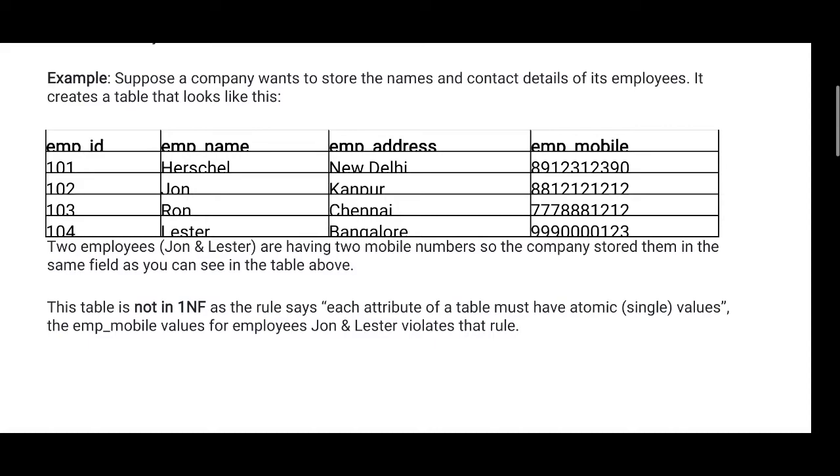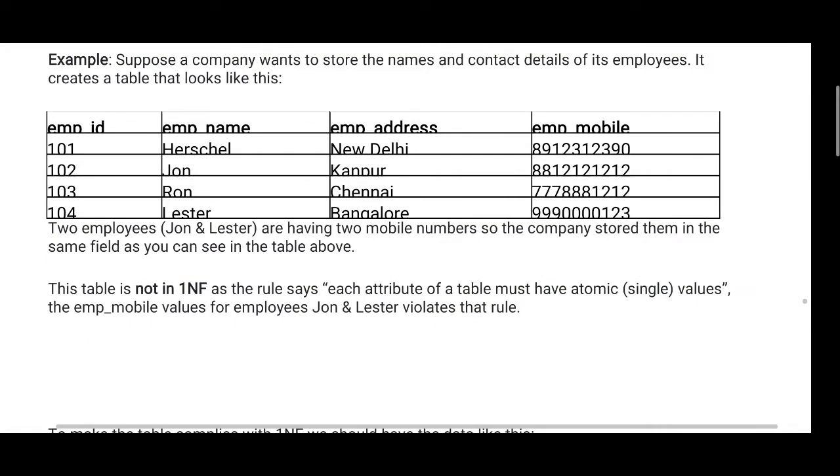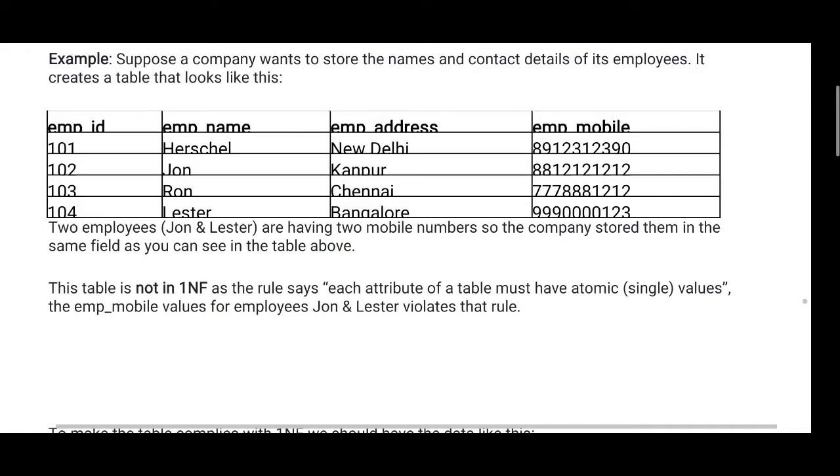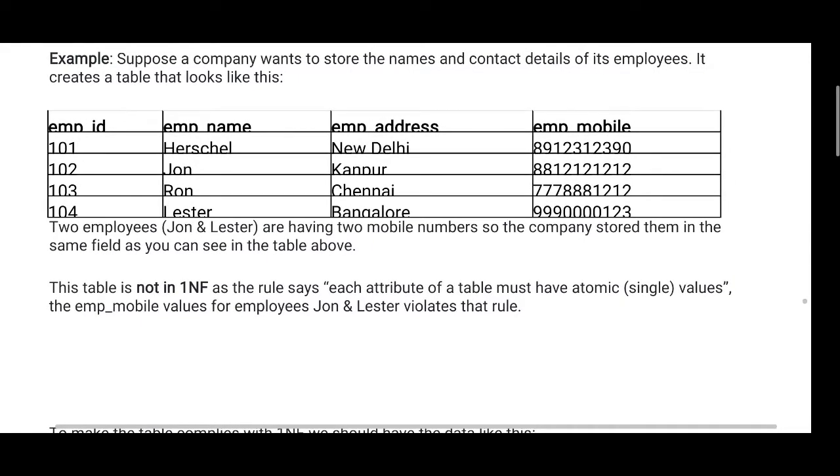The table is not in first normal form, as the rule says, each attribute of a table must be atomic, a single value. The employee mobile values of employees John and Esther violate the rule.